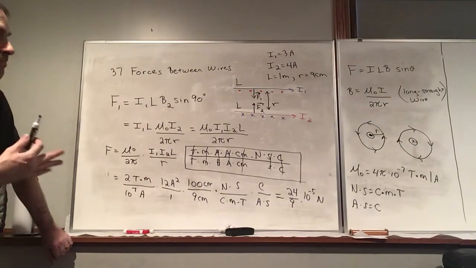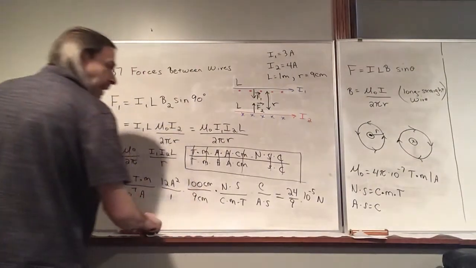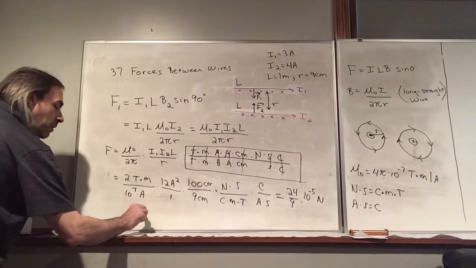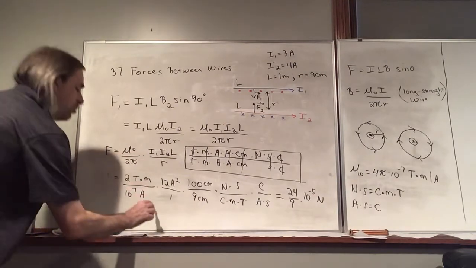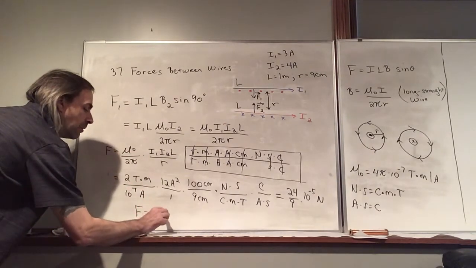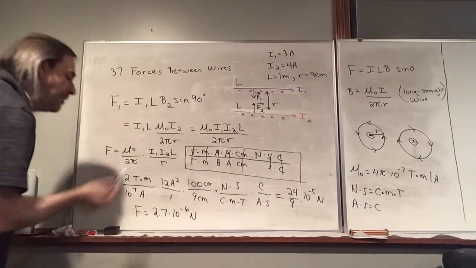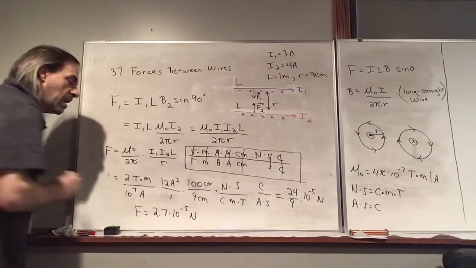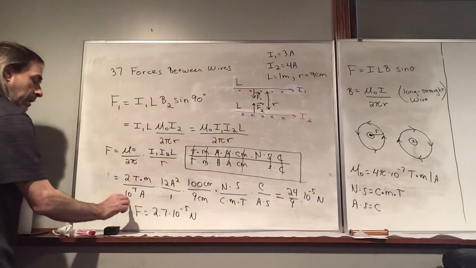So this would be like in micronewtons, basically. I don't have room to write this down exactly, but I'll cram it in here. This is about 2.7 times 10 to the minus 5 newtons. Let's just leave that in scientific notation. So that would be the force.